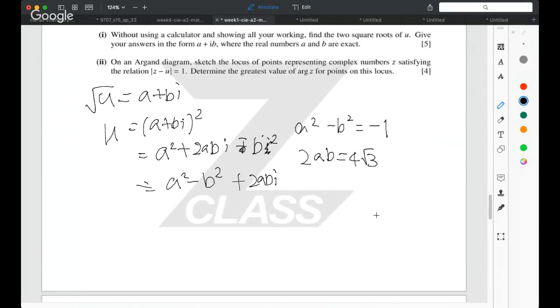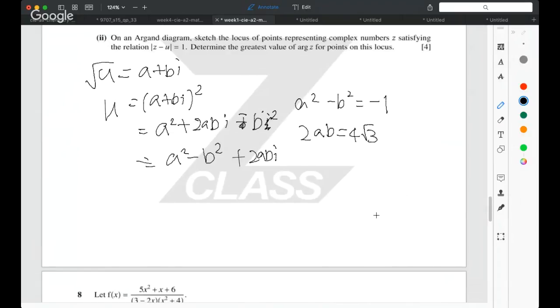What is the locus? I think we discussed it last time. The locus is all the values of z which satisfy this equation.